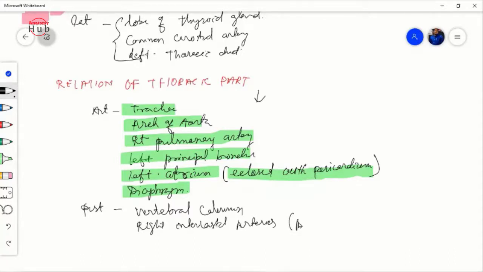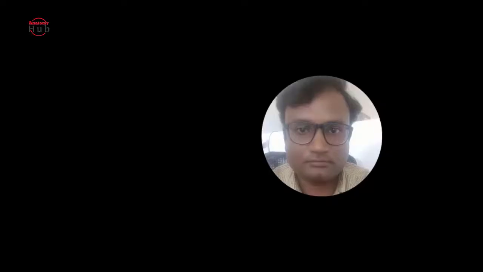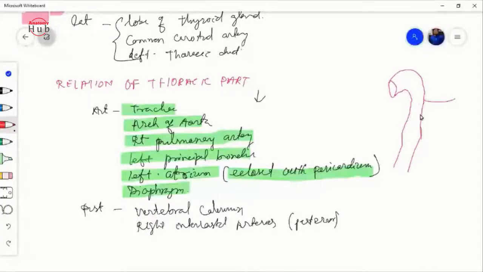How is it? See, this is your arch of aorta, and this is your descending thoracic aorta. From this descending thoracic aorta, you will find the posterior intercostal arteries.